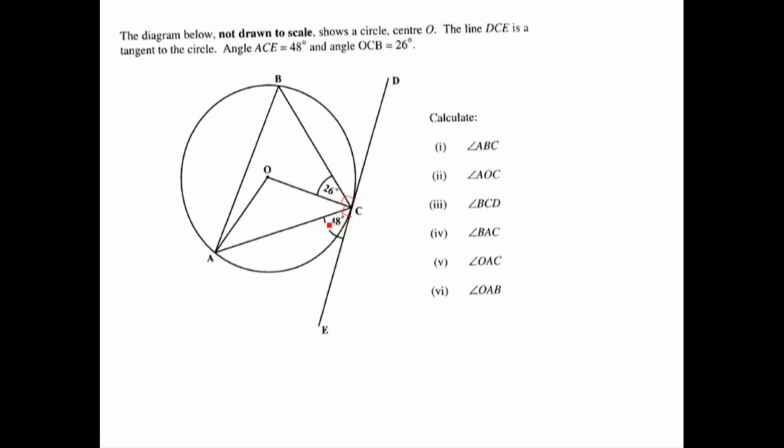Since this angle between the chord and the tangent, this angle of 48 degrees, is in the minor segment of the chord AC, the angle in the alternate segment, the major segment over at B, should actually be equal. The angle in the minor segment between the tangent and the chord is equal to the angle in the major segment at the circumference. That's the alternate segment theorem.